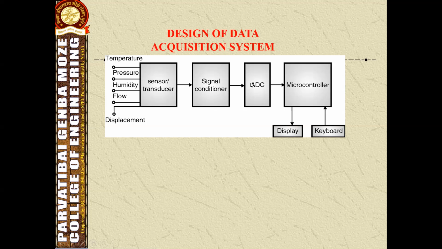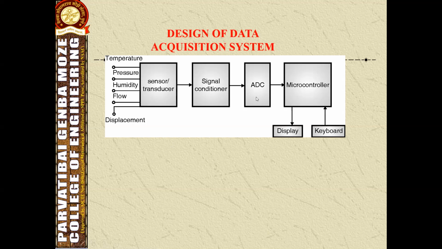Whatever output comes from the signal conditioner, we directly apply to the analog to digital converter. It converts the analog voltage into equivalent digital data, and it may contain a multiplexer to accept multiple inputs.